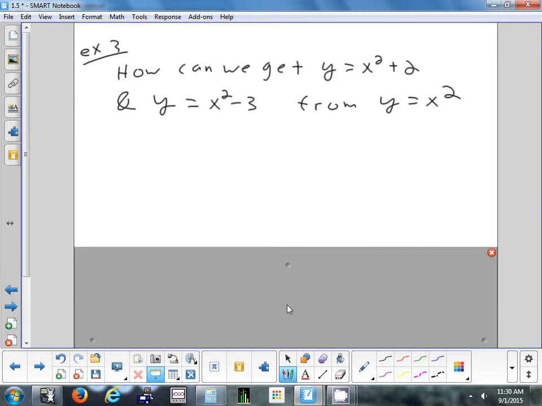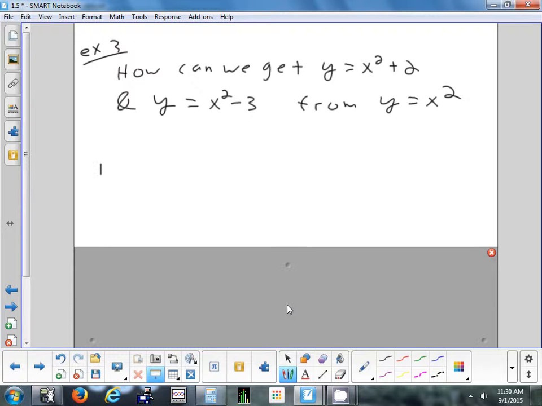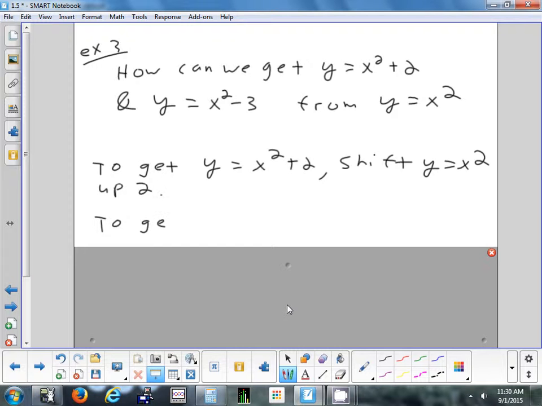So let's just write down these two things, okay? And then we'll go over the rules. Okay, so to get y equals x squared plus 2, just take y equals x squared and shift it up 2. To get y equals x squared minus 3, you would take the parent function, the basic one, and shift it down 3.